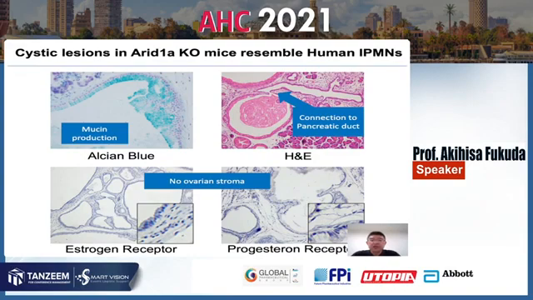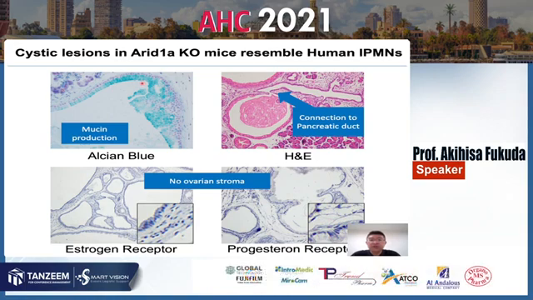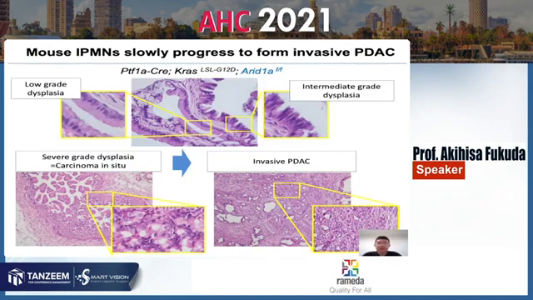As shown here, cystic lesions in ARID1A knockout mice have characteristics of mucin, connection to the pancreatic duct, and no ovarian stroma. Moreover, ARID1A-negative IPMNs slowly progress to form invasive PDAC.